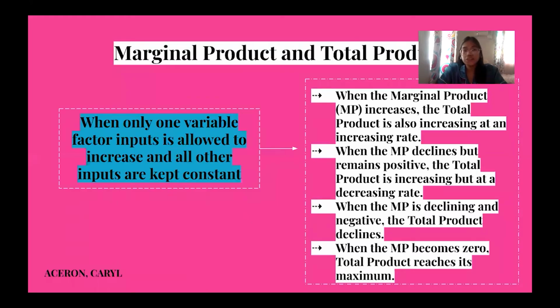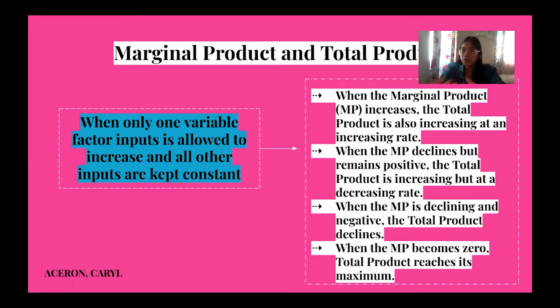The relationship between marginal product and total product holds when only one variable factor input is allowed to increase and all other inputs are kept constant. First, when the marginal product increases, then the total product also increases at an increasing rate.